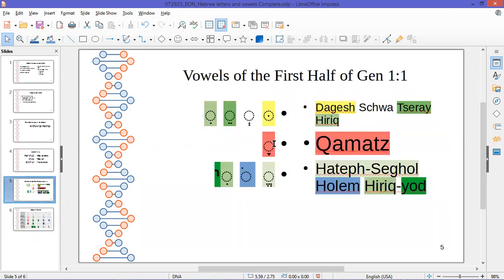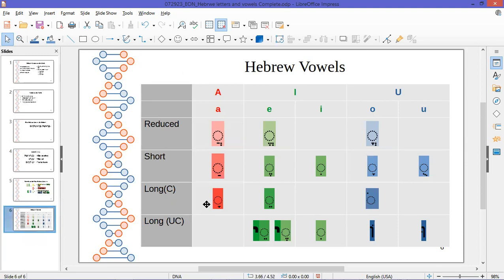This kamatz is right here, that is right here. So far, we've got this one, and this one right here. I would highlight it, but the last time I tried to do that, it messed up the whole file. So sorry, I can't, but I would love to.